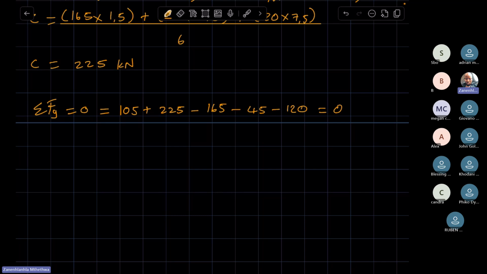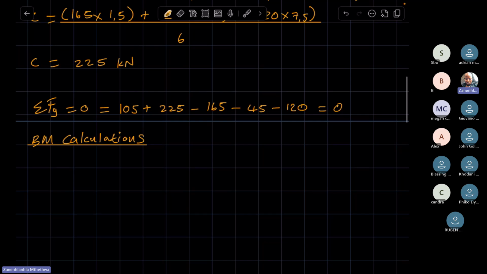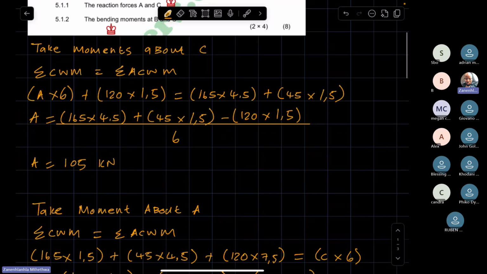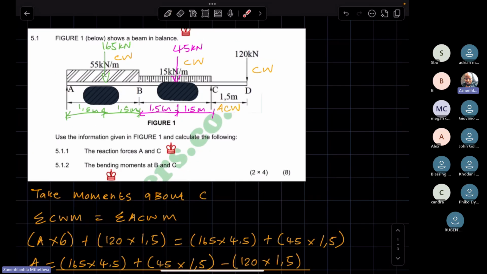Now, let us do the bending moment calculations. Now we look at the sum of bending moments at B. We said we're going to consider forces on the left of B. Forces on the left of B, you have the reaction at A as well as the UDL.